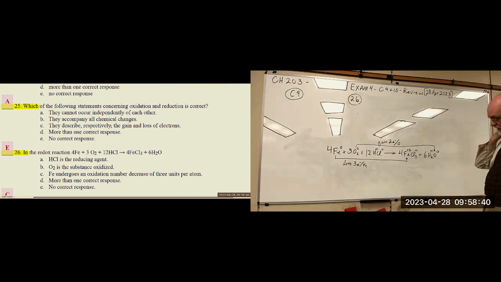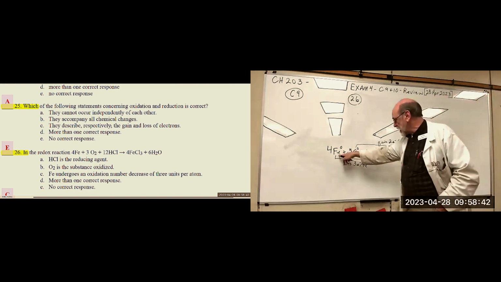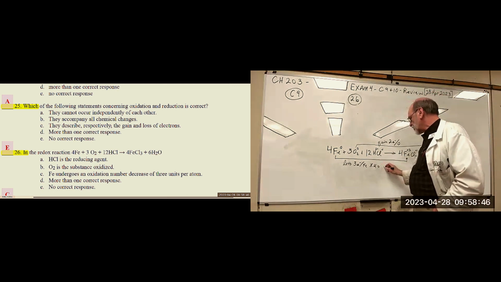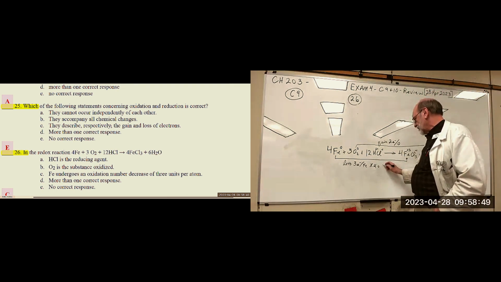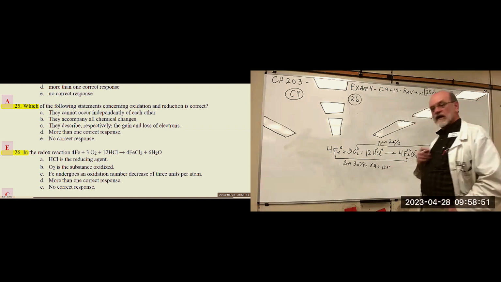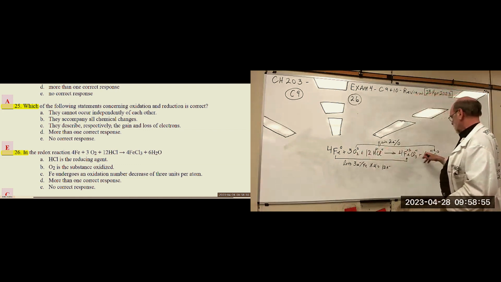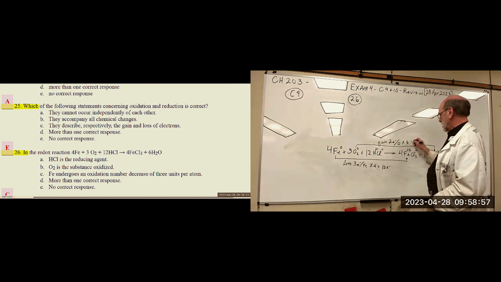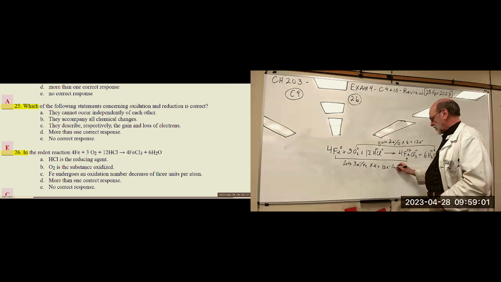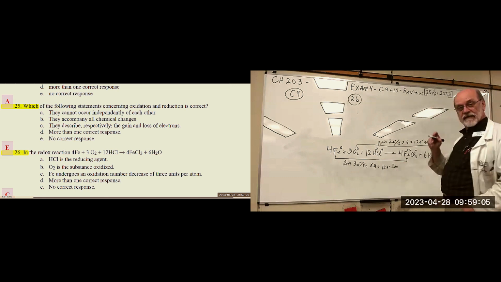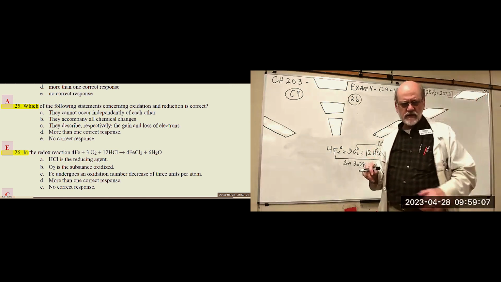Now, since we had 4 irons in this process, that means we had 12 electrons lost. And oxygen, we had 6 oxygens, equals 12 electrons gained. Lost, gained. Okay, now maybe we can answer some questions.